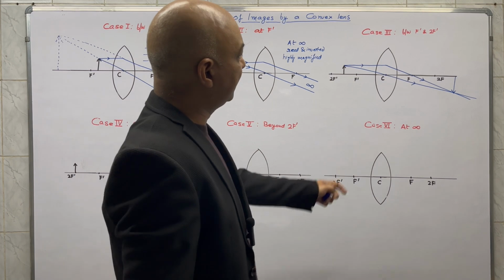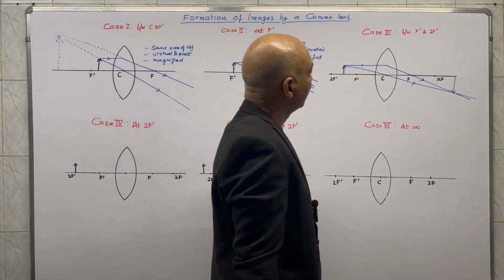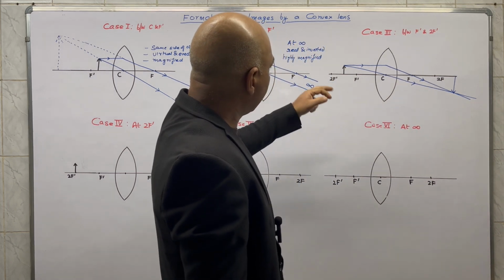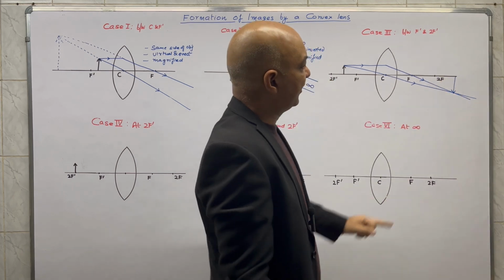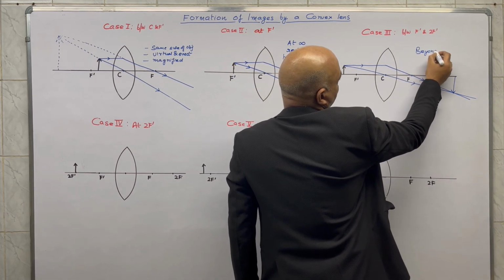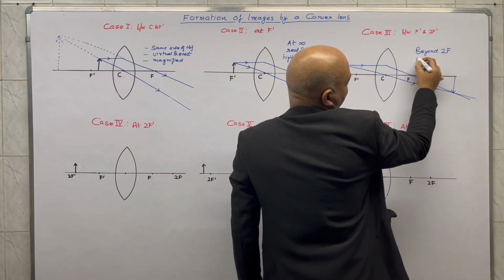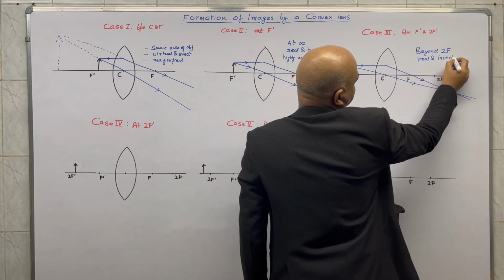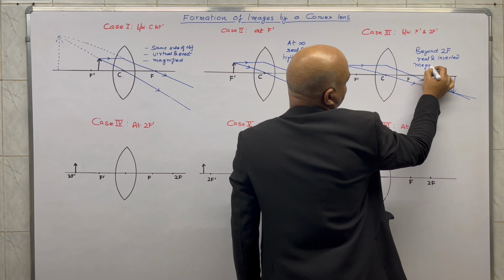So I'm again getting a real and inverted image, slightly magnified and formed beyond 2f. The image here is formed beyond 2f. It is again real and inverted, and it is slightly magnified.